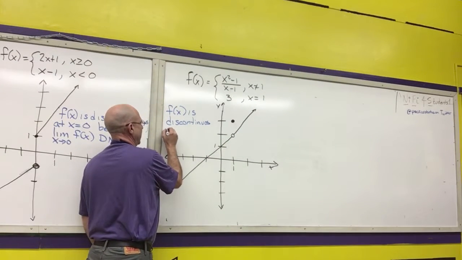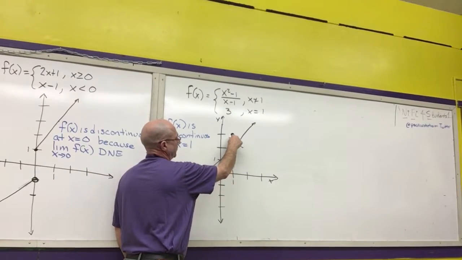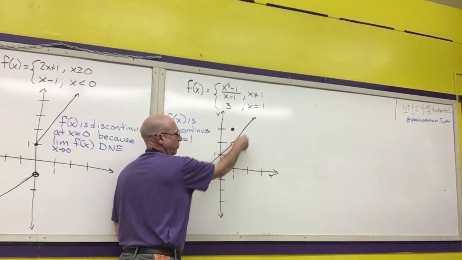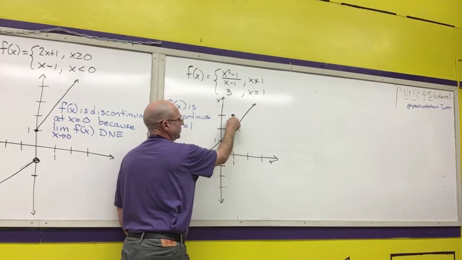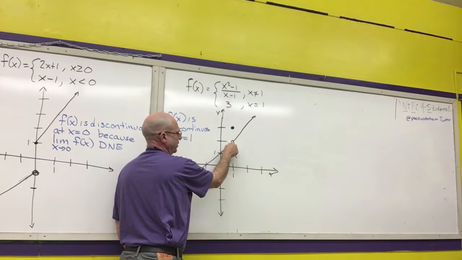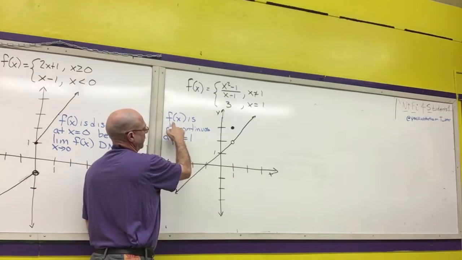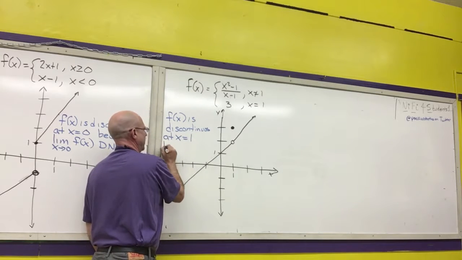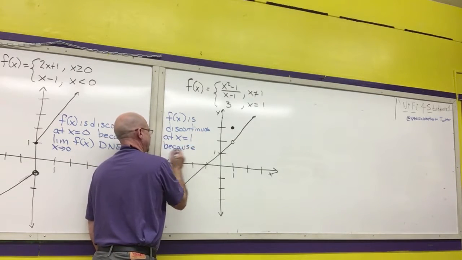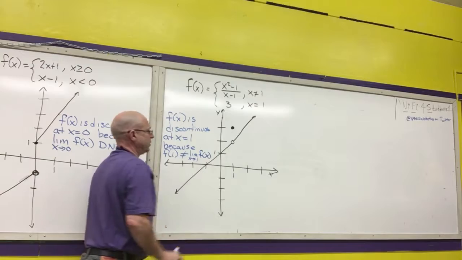It's discontinuous at x equals 1, and if I were to pull this 3 down and put it in the hole, it would be continuous. But this point right here does not reflect the limit as I approach 1 from the left and the right. So the reason is that f of x is discontinuous at x equals 1 because f of 1 does not equal the limit as x approaches 1 of f of x.